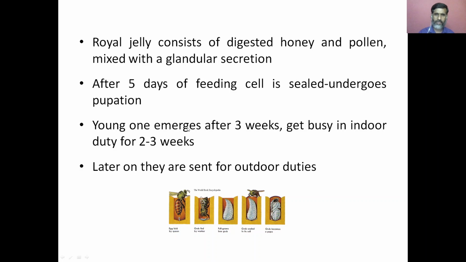The young one emerges out after 3 weeks. Then they get busy in indoor activities for about 2 to 3 weeks. Then they will go for outdoor activities. So this is how the life cycle continues as far as the honey bee is concerned.